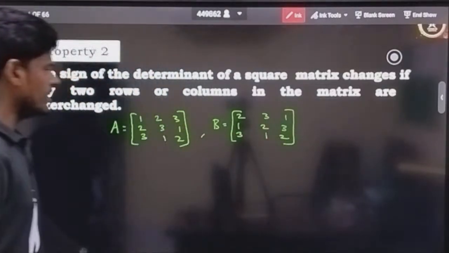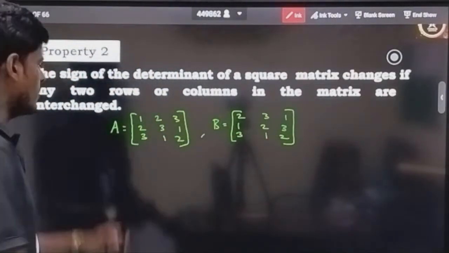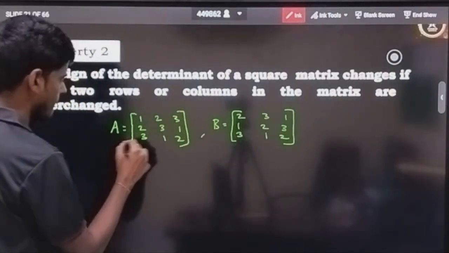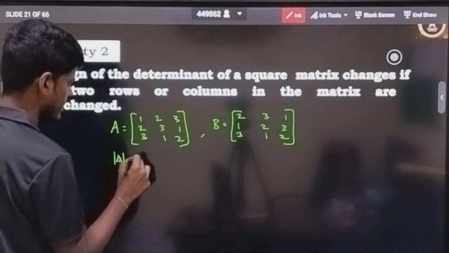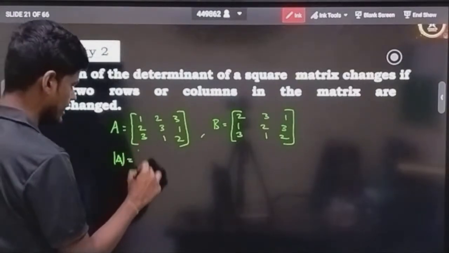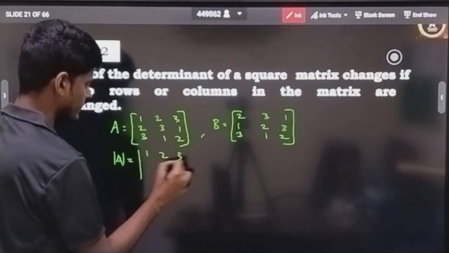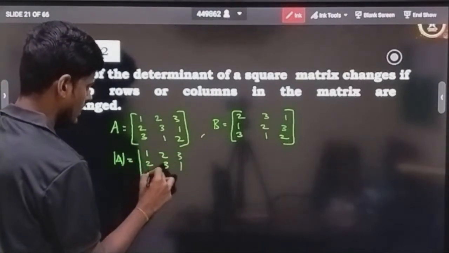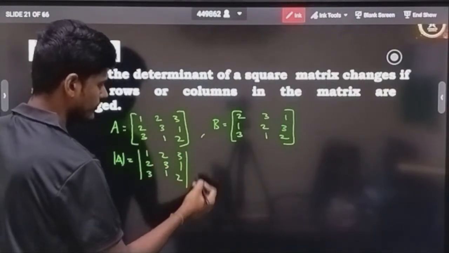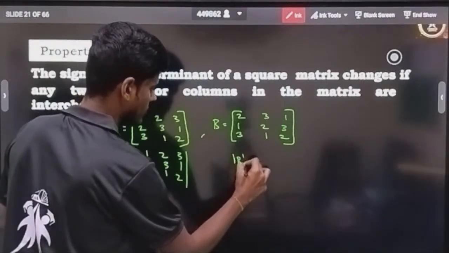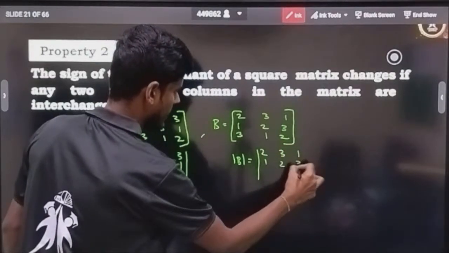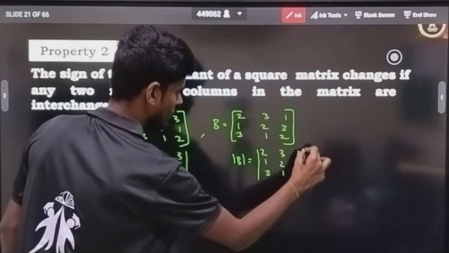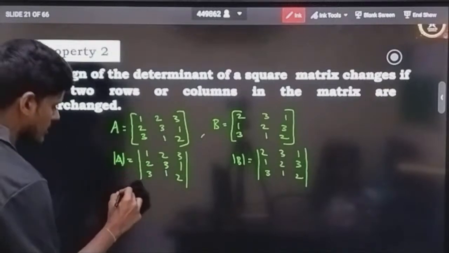Now we will try to evaluate these two determinants. Determinant A is equal to determinant of 1, 2, 3, 2, 3, 1, and 3, 1, 2. Determinant B is equal to determinant of 2, 3, 1, 1, 2, 3, and 3, 1, 2. Now what is the expansion of this?